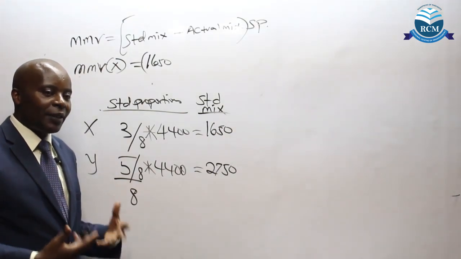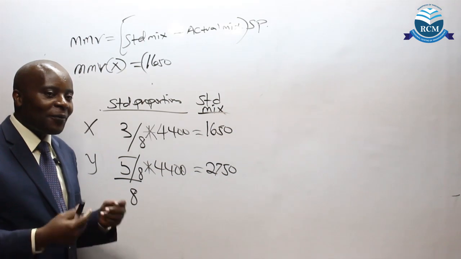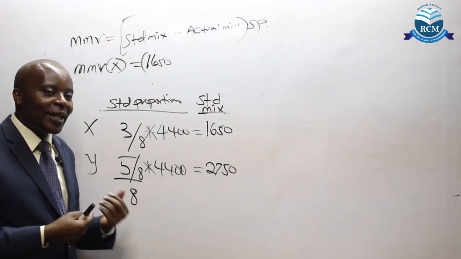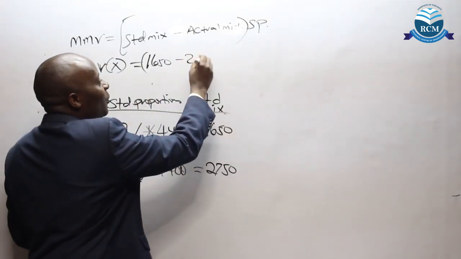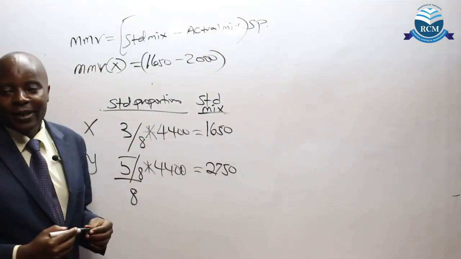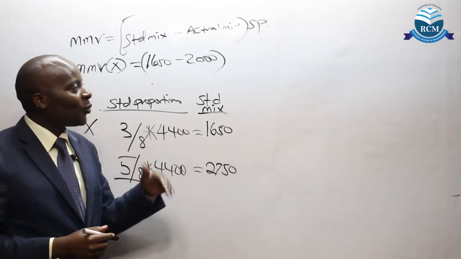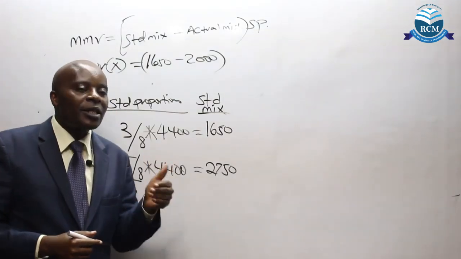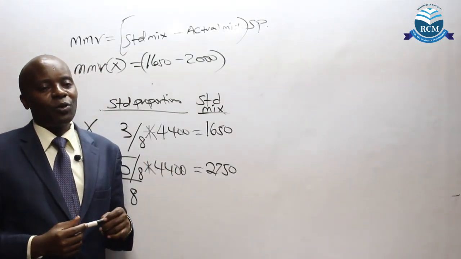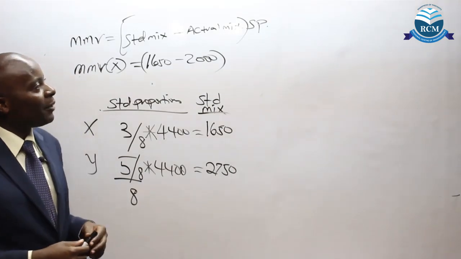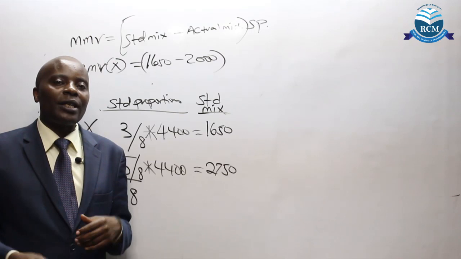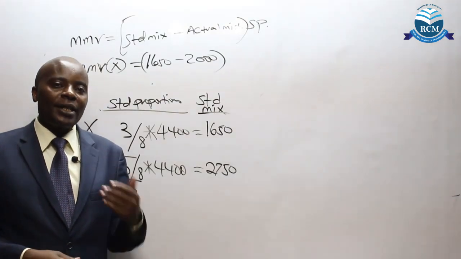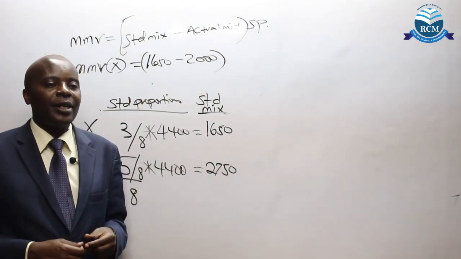Actual mix is the same as the actual quantity of X that was used: 2,000. What went into the mixture is 2,000, multiplied by the standard price per kg. Please go to the standard card and read the standard price per kg.